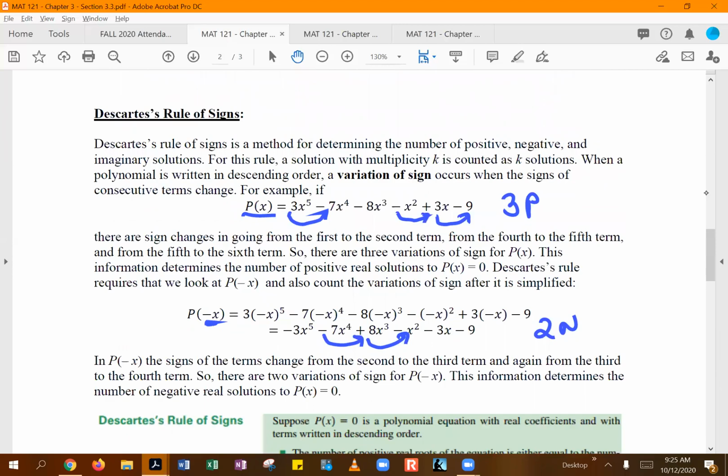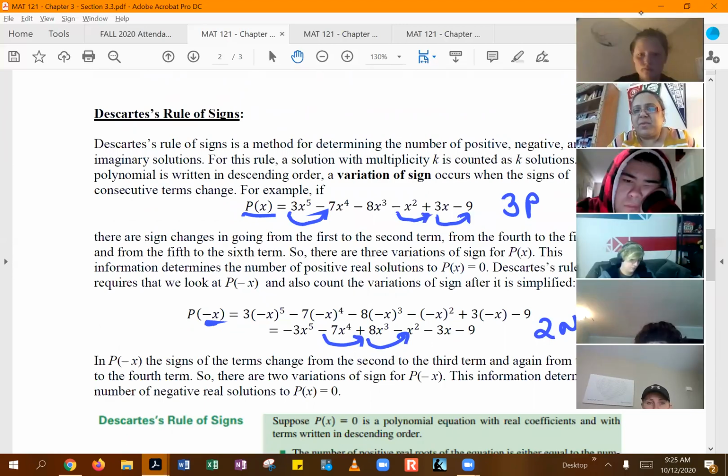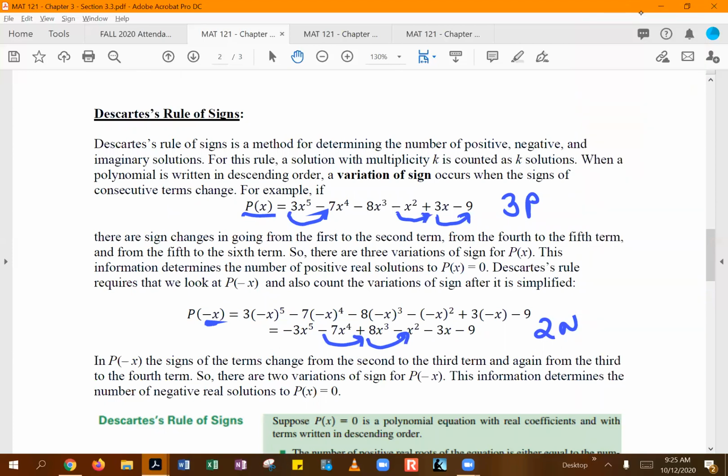So if you reduce 3 by an even number, remember your first even number is 2, so just keep reducing these answers by 2. So you can technically have 3 positive solutions for this polynomial, or 3 minus 2 will just give us 1. You can have 1 positive solution for this polynomial.